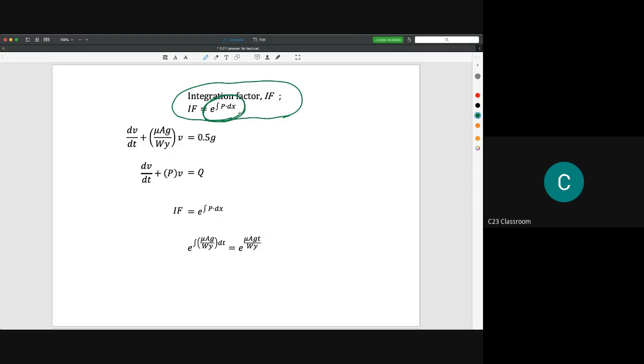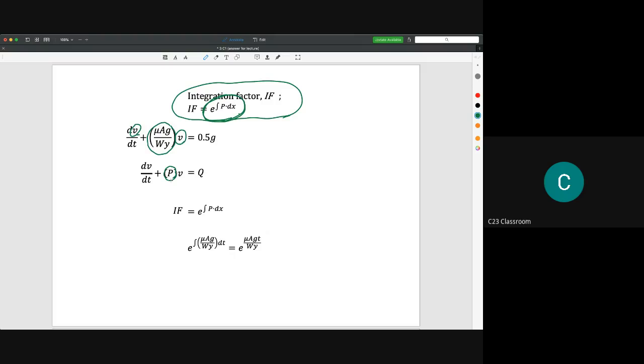First we assume that we have velocity here, and the terms except for velocity are equal to p. Then we substitute in this idea. We have the integrating factor, e to the power of the integral of p dx.